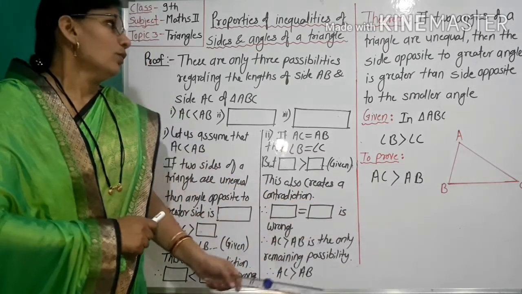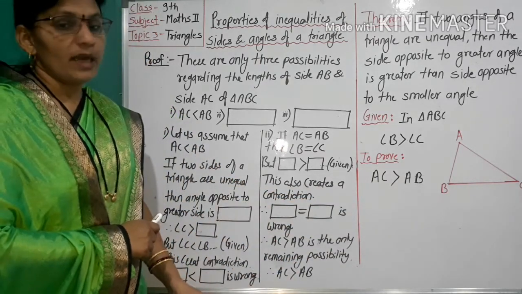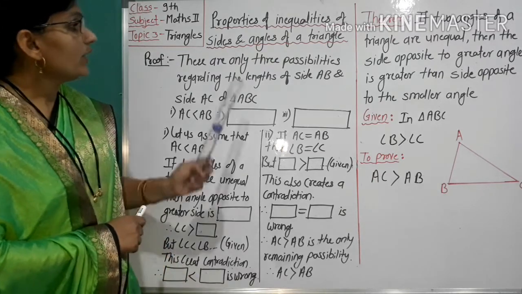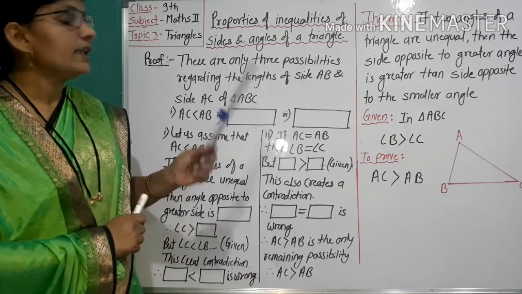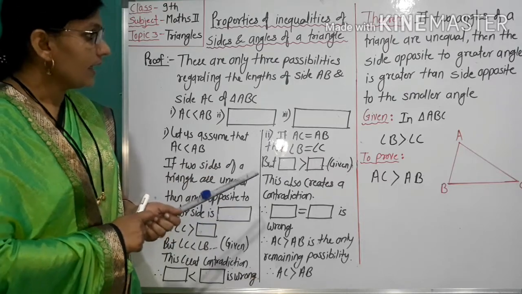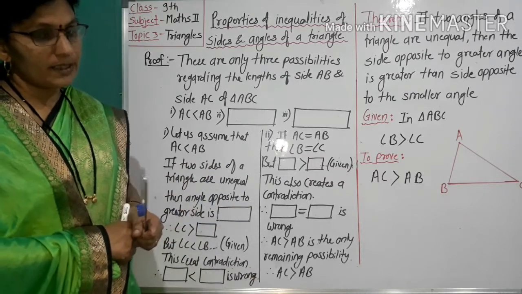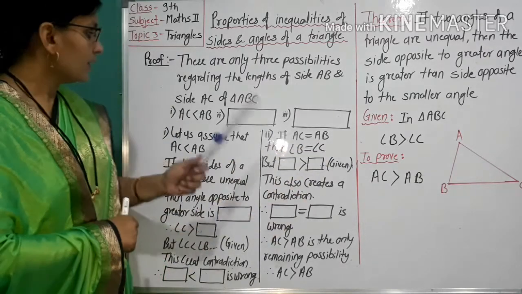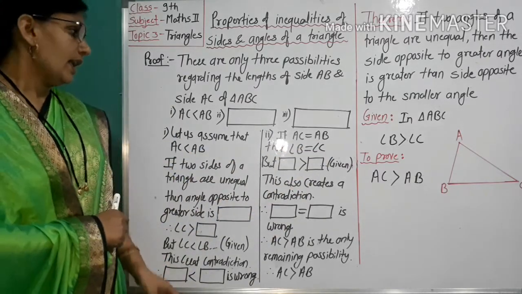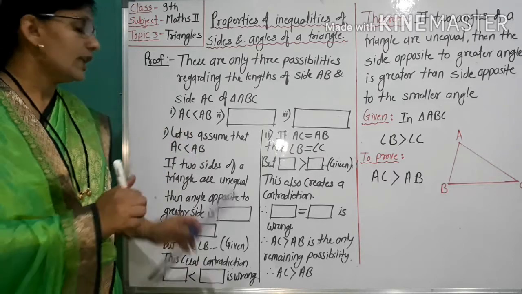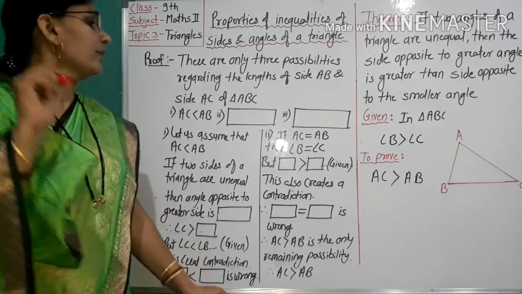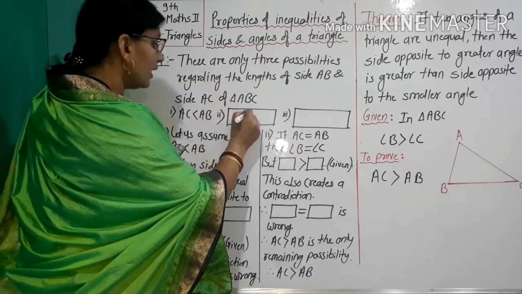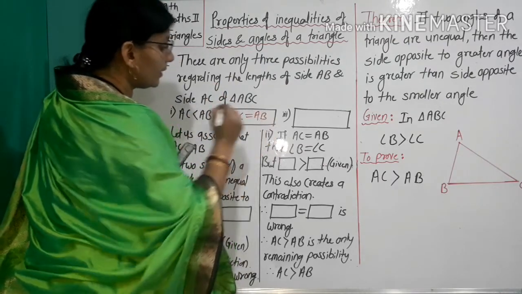Here we prove this theorem as an activity based question. There are only three possibilities regarding the lengths of sides AB and AC of triangle ABC. There are two segments AB and AC, three possibilities. First possibility is that AC is less than AB. Second possibility is that AC equals AB.